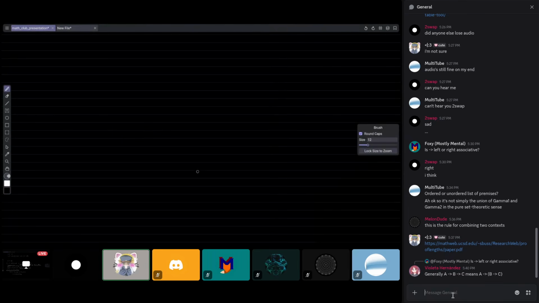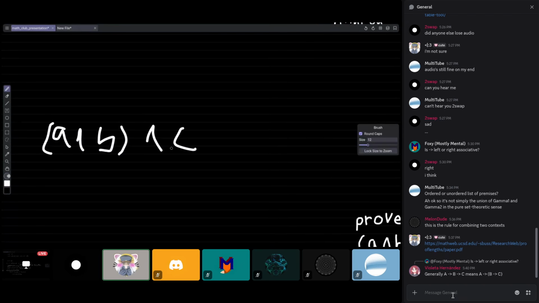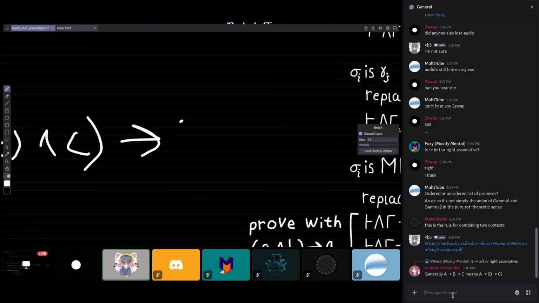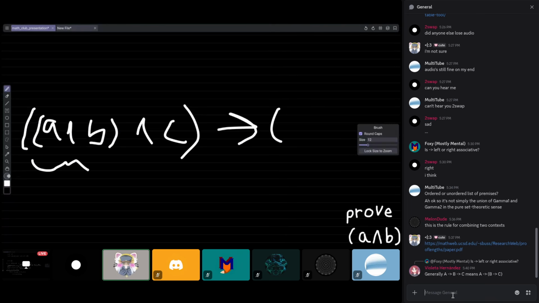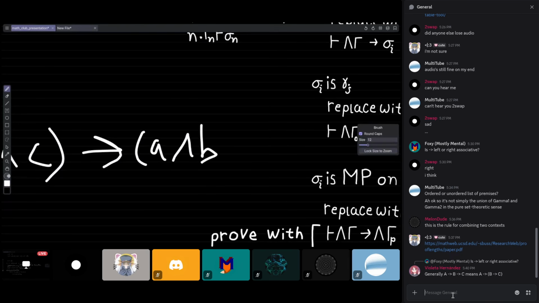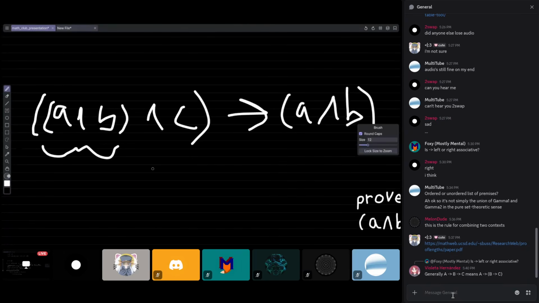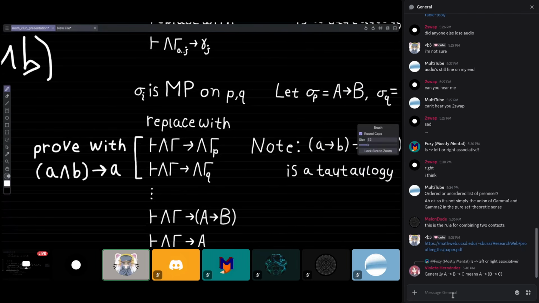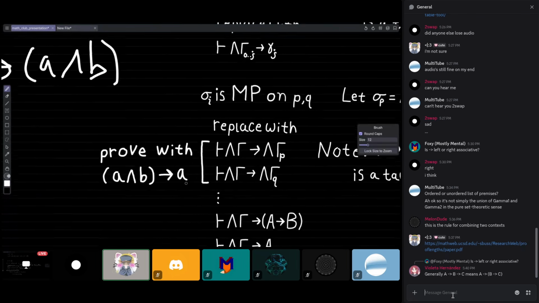So what does that look like? All it's trying to show is that if we know that A and B and C and so on is true, then we can derive that some prefix of this context is also true. So that's what one of these transport lemmas looks like.